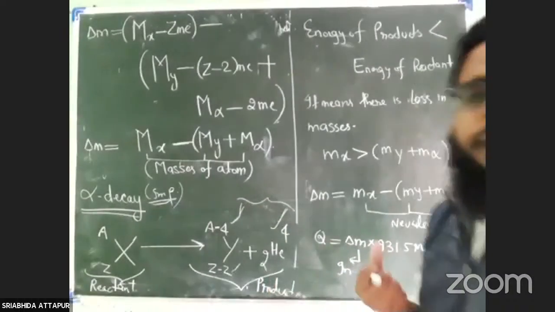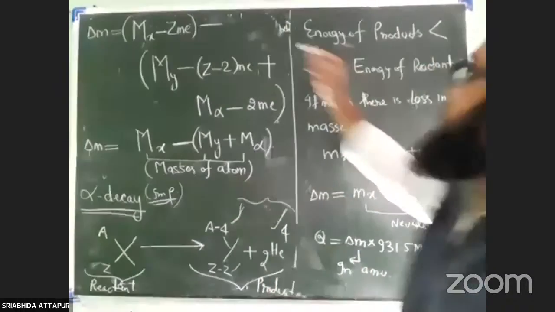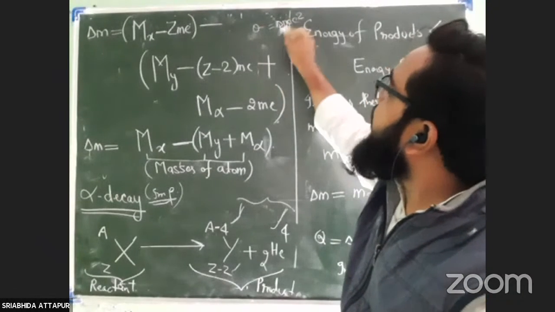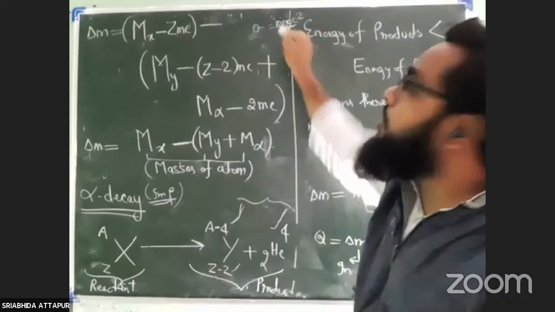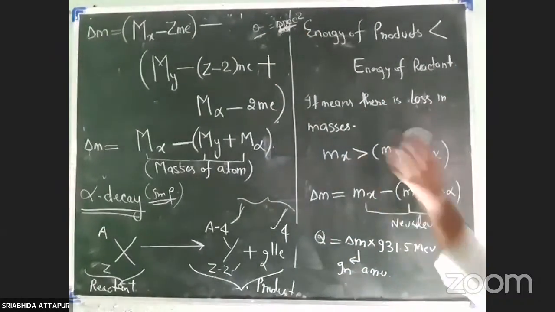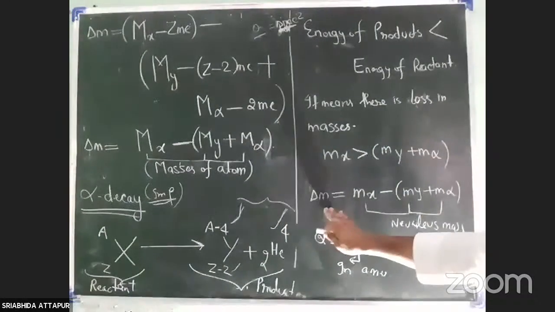So it means 100% that when energy is released, Q equals delta M into C square. It means mass is also reduced when energy is released. Therefore, I want to say how much it reduced. So delta M is equal to how much?